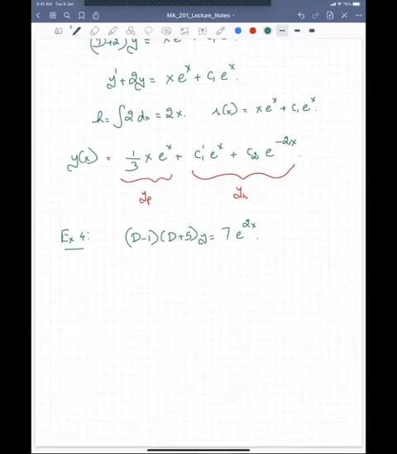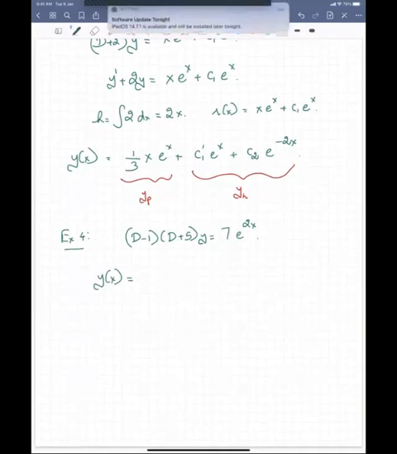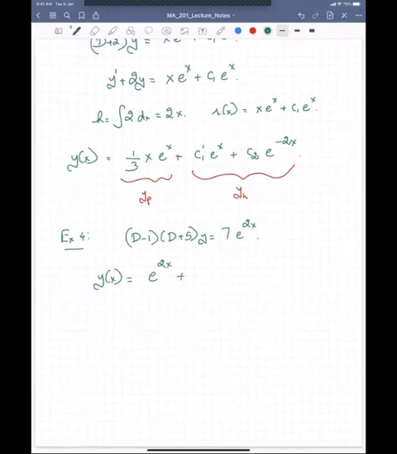Again, do the exact same procedure that we just did, and you will find that the general solution in this case is actually e to the 2x plus C1 e to the x plus C2 e to the minus 5x.